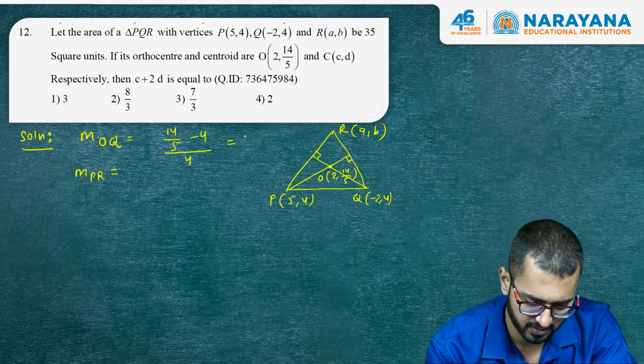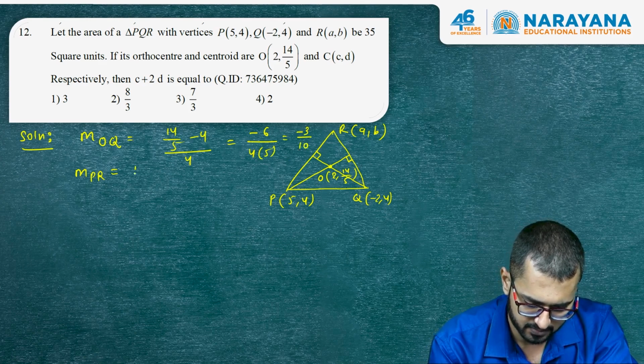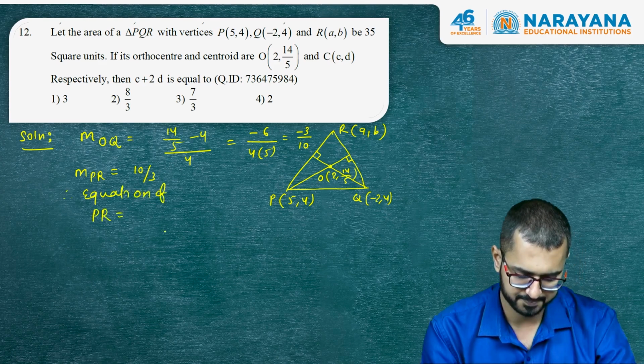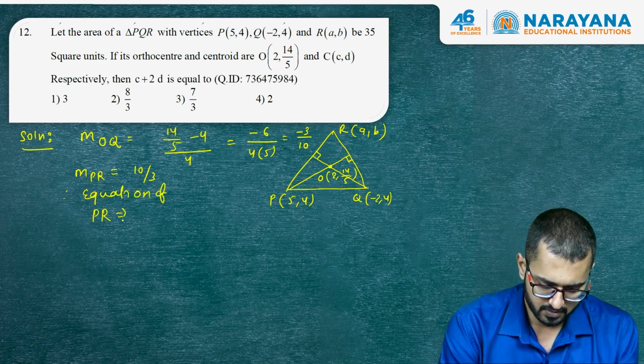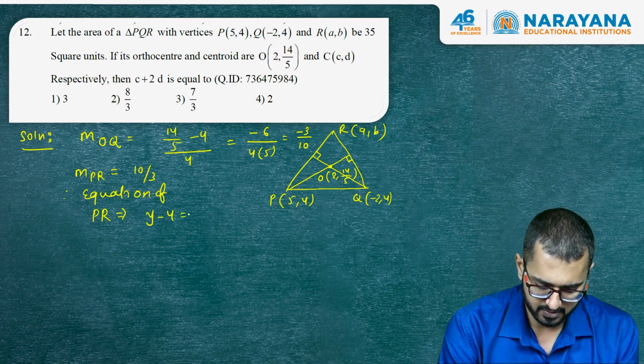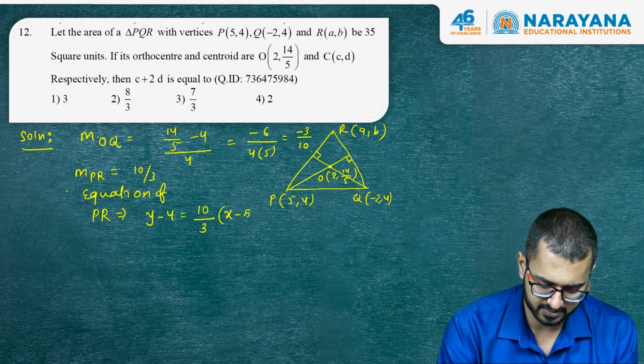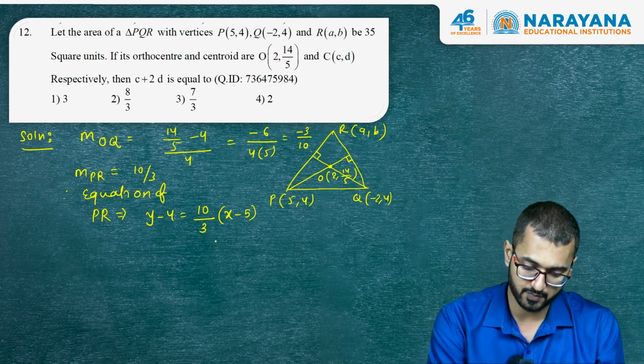So it will become 14 minus 20 over 5 plus 2, that is minus 6 over 5 into... So that gives me minus 3 over 10, so the slope of PR will be 10 by 3. Therefore the equation of PR will become y minus y1 is equal to m into x minus x1. So yes, we got the equation of PR.